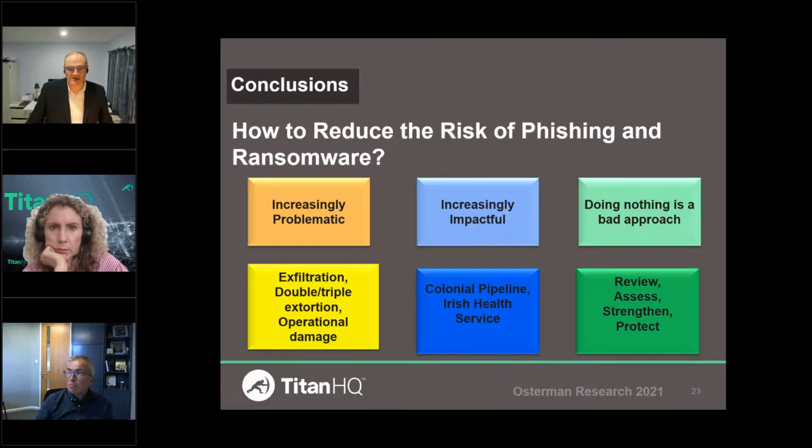And overall, doing nothing is a bad approach. It's increasingly problematic, it's increasingly impactful, and standing still is not an appropriate strategy for an organization. So we would encourage organizations to review, assess, strengthen, and introduce increased and elevated protections around phishing and ransomware.